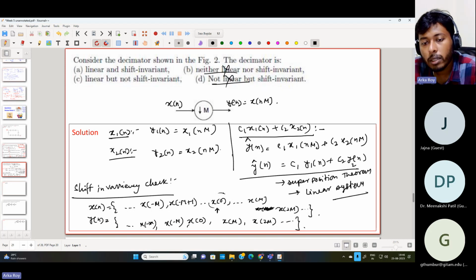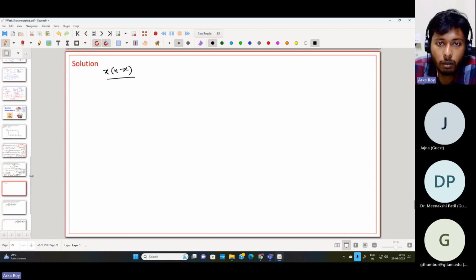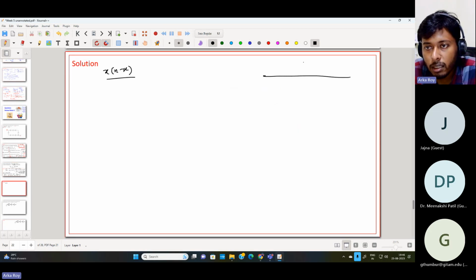Therefore, what was there at x of minus k will come to index 0. So for better representation, let us consider this is 0. This is minus k. And let's say this is 2, this is 1, and dot dot dot. Some samples are there. So this is x of 1.